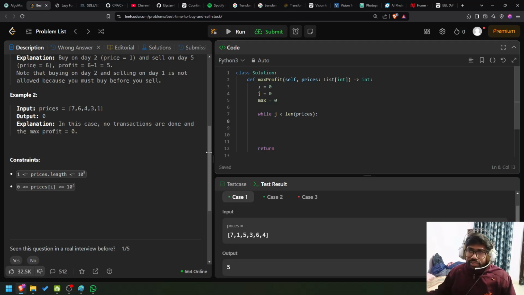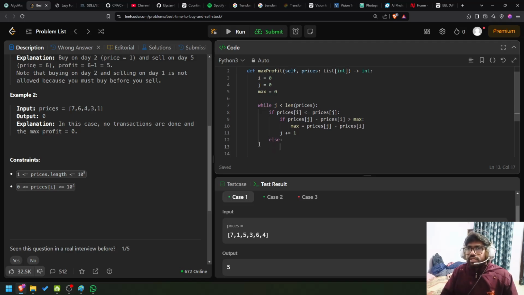Then we'll check if prices of i is less than or equal to prices of j, and if prices of j minus prices of i is greater than max, then max equals this, and we increment j nonetheless.